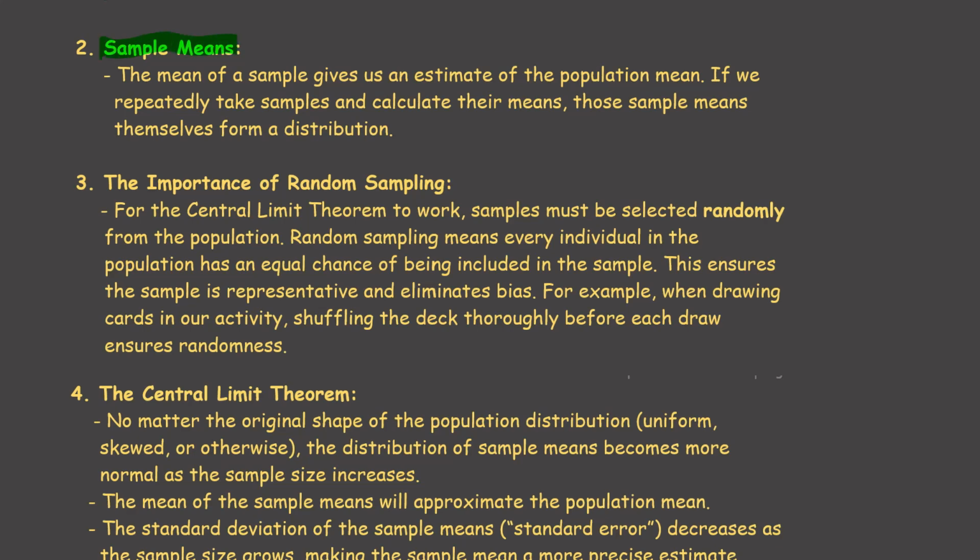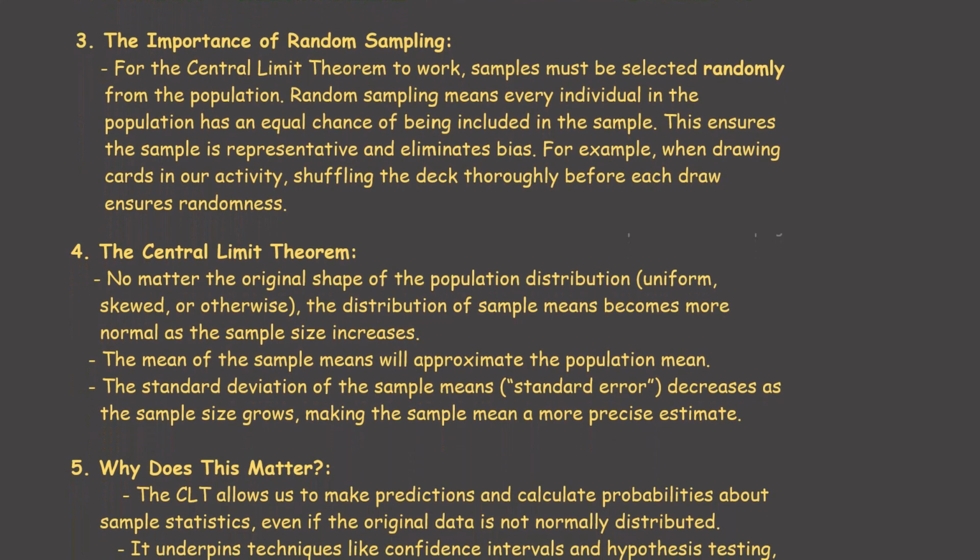Sample means. The mean of a sample gives us an estimate of the population mean. If we repeatedly take samples, and that's the whole idea here, and calculate their means, those sample means themselves form a distribution. And I've given the game away by saying it's going to be a normal distribution.